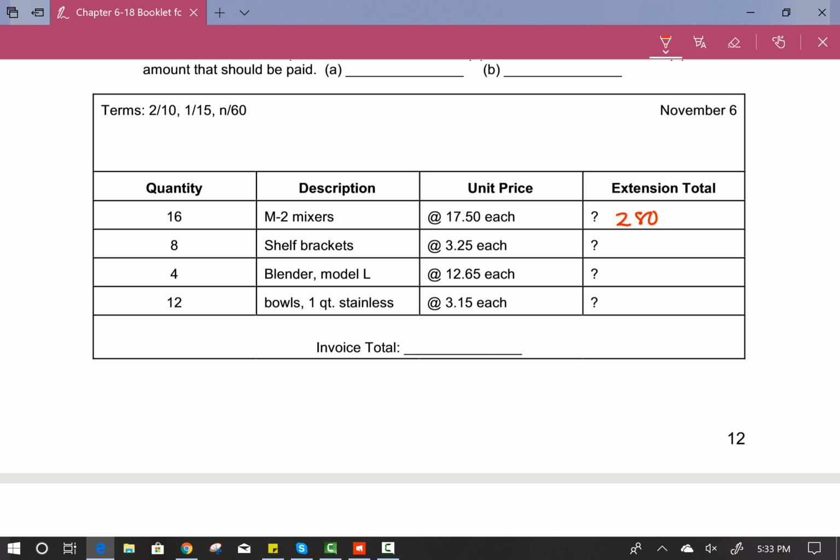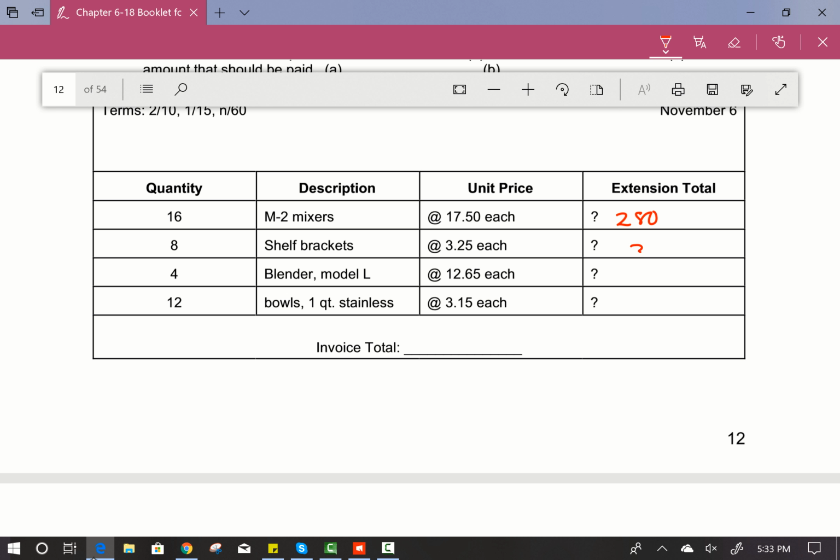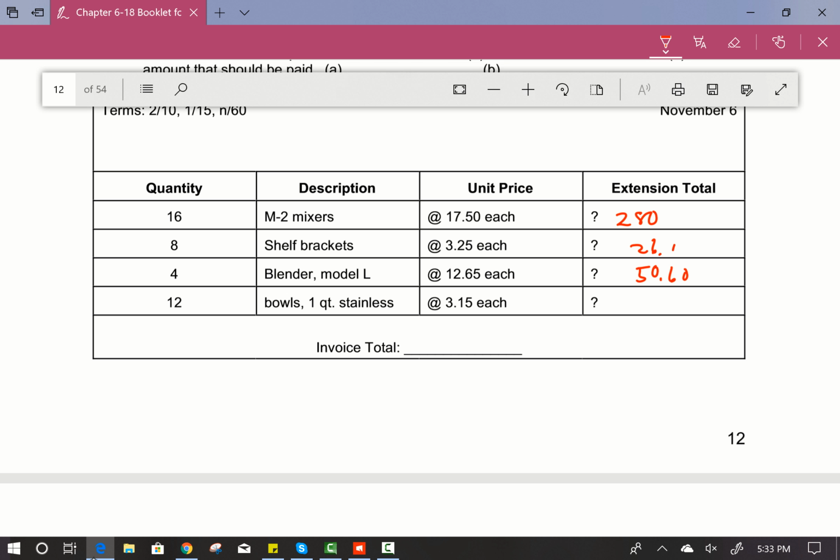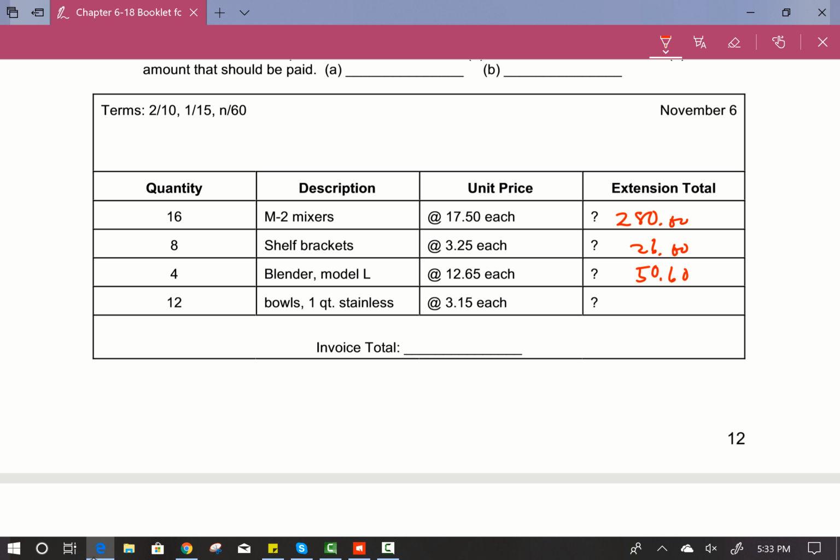Okay, 8 items at $3.25 each give us $26. And then 4 items at $12.65 each. And then finally 12 items at $3.15 each.